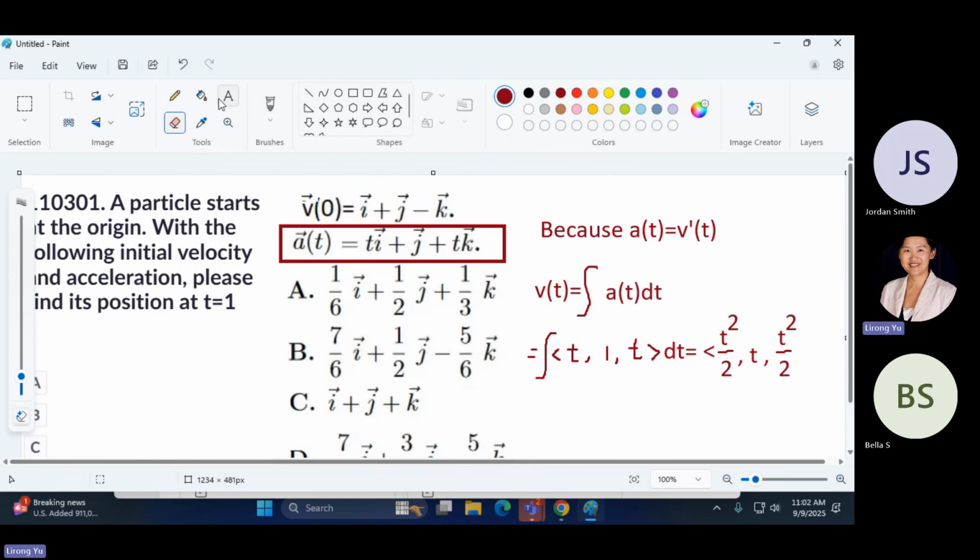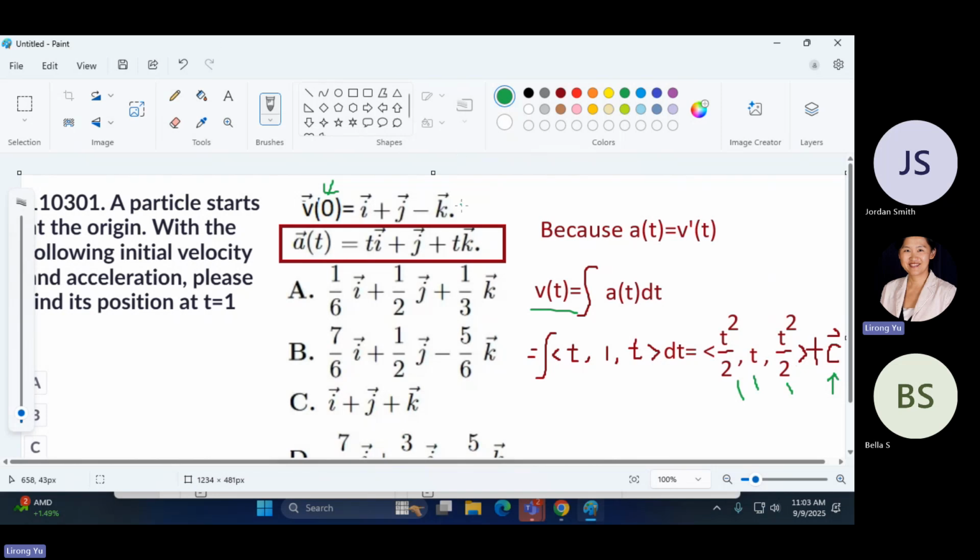Okay, so that's the antiderivative part, but then also there is an initial value because we were doing an indefinite integral. So there's a plus C. That comes from the initial value. You see, in this function that we're calculating, if t equals 0, then these are all 0. That means C has to be the actual value of v0.